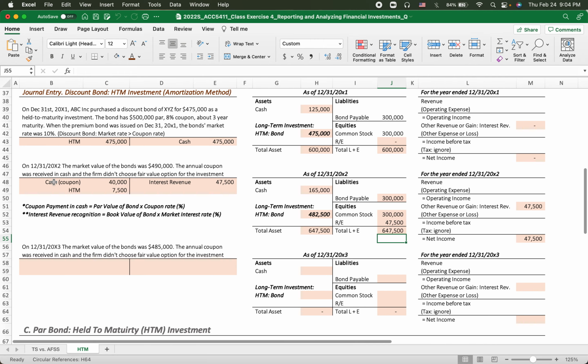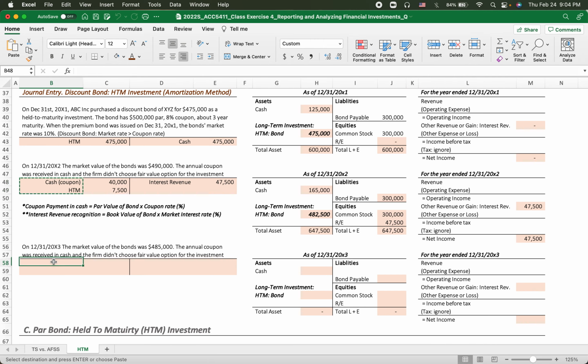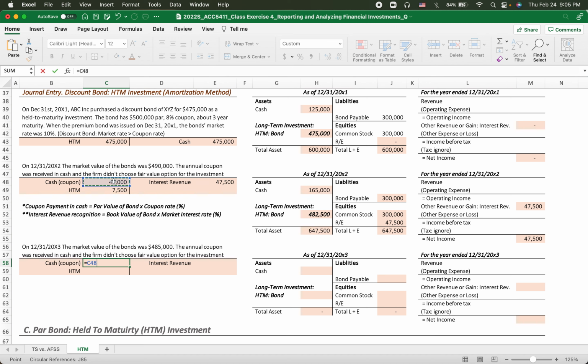Then last year, one more time. The same way, the 40,000. Now the interest revenue, how to calculate it? This HTM is now increased, right? Or you can just put this number, 482,500 times what is the market rate?